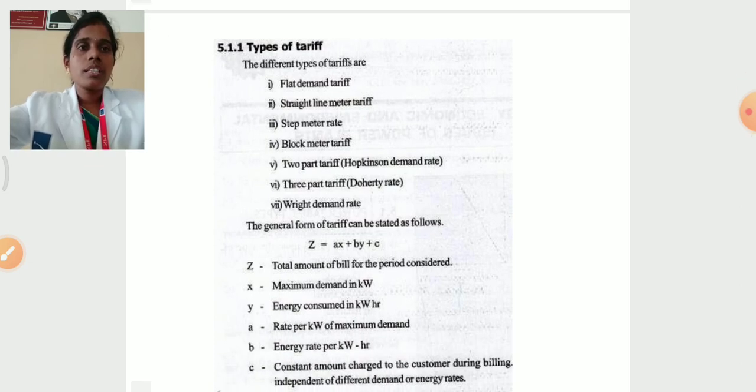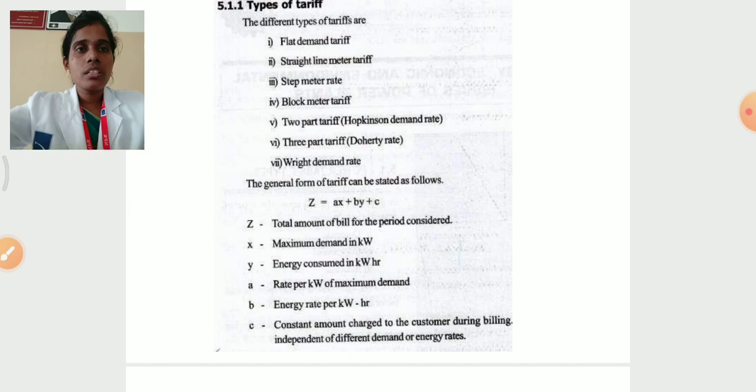Generally the tariff can be calculated as Z equal to AX plus BY plus C. Here Z denotes the total amount of bill for the period considered.